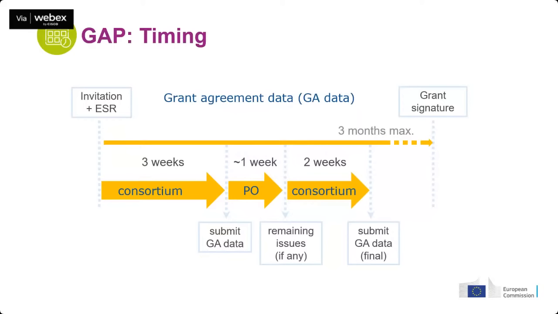Therefore, do not plan to go up to the last minute, because there are also potential cases where your project is subject to ethics evaluation or ethics issues, depending on the area of science that you perform.